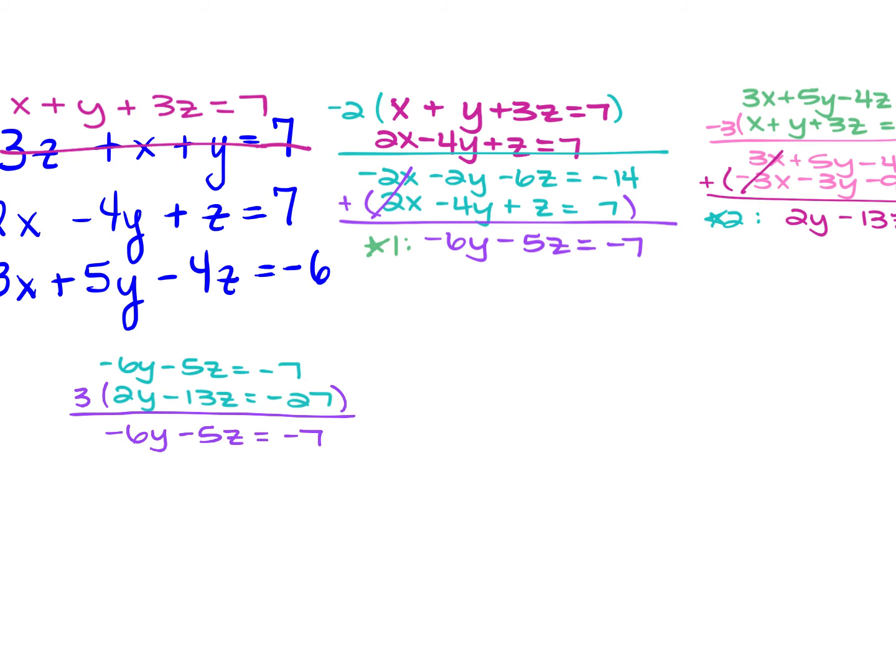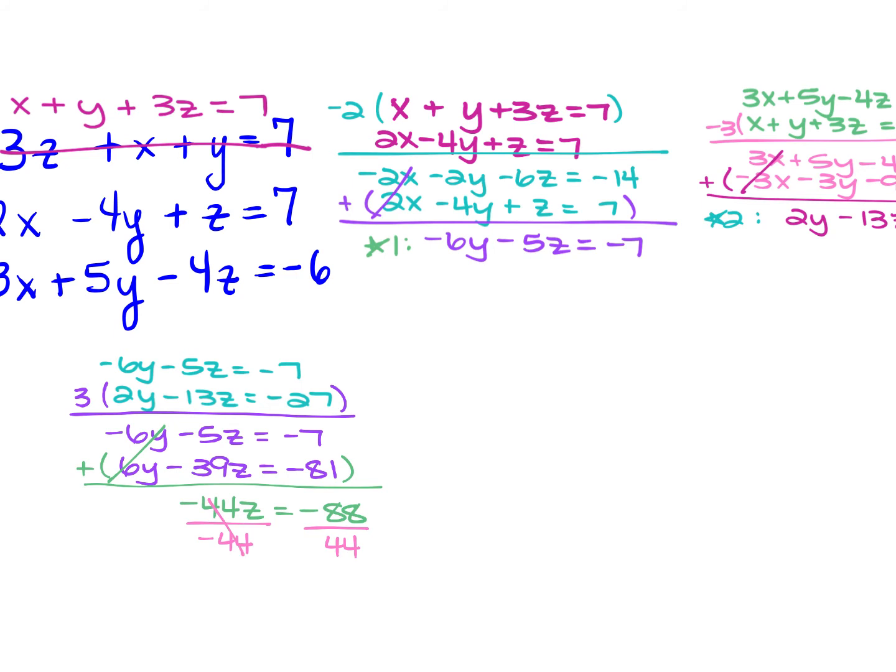The bottom, you're going to have 6y minus 39z is equal to negative 81. Add these or combine like terms. Your y's cancel. We're left with negative 44z is equal to negative 88. If we divide each side by that negative 44, we get that z is equal to 2.